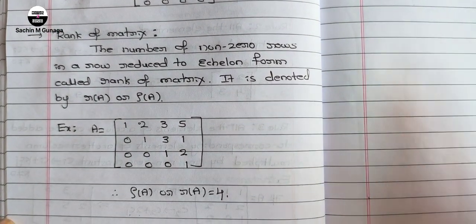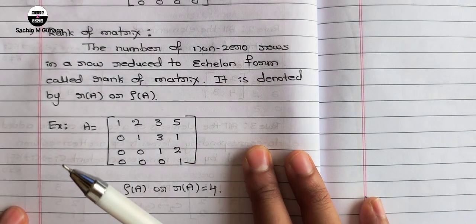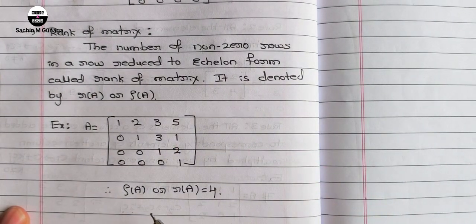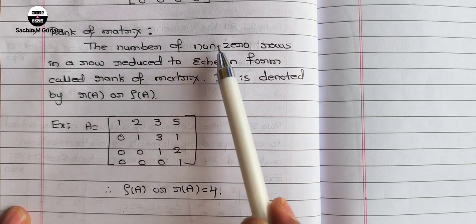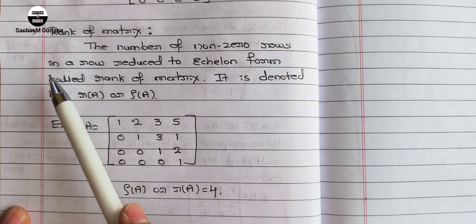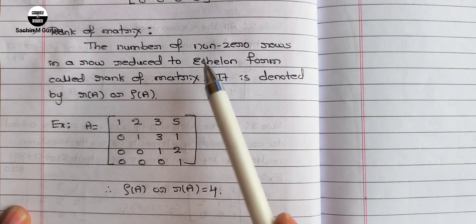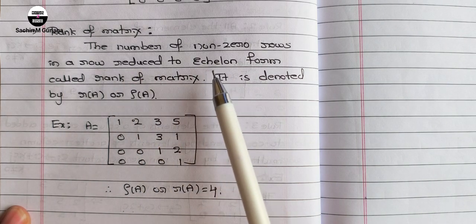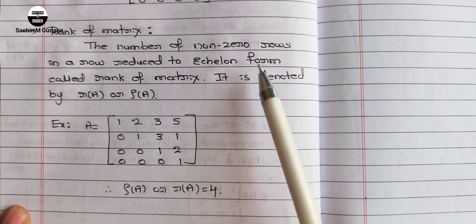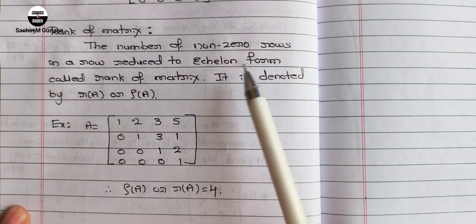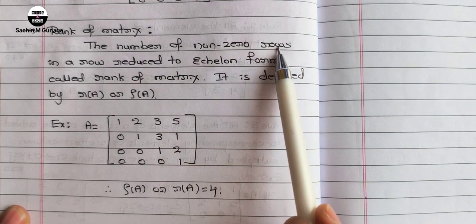After reducing the given matrix into echelon form, next we need to find the rank. How to find that rank? See here, the number of non-zero rows in a row reduced echelon form. This means first we need to reduce the given matrix into echelon form. After reducing to echelon form, next we need to search for the number of non-zero rows.